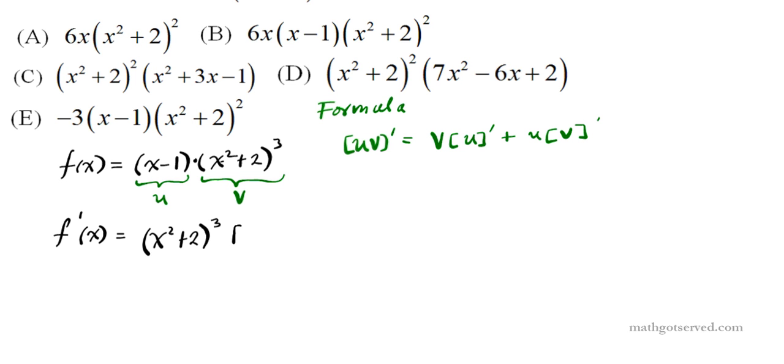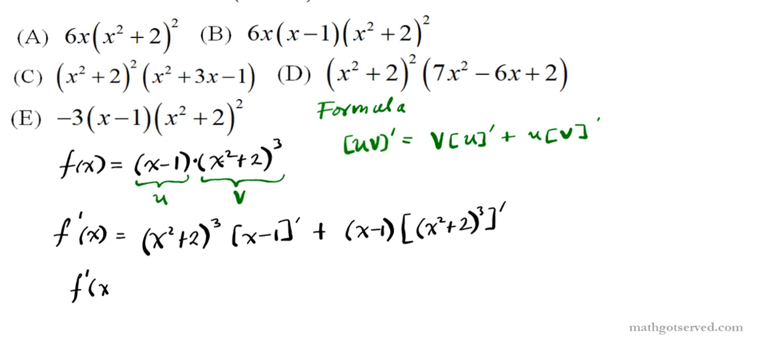So I'm going to write it as (x minus 1) prime plus u, which is (x minus 1) quantity, times v prime. So we have (x squared plus 2) quantity cubed, derivative prime. Okay?